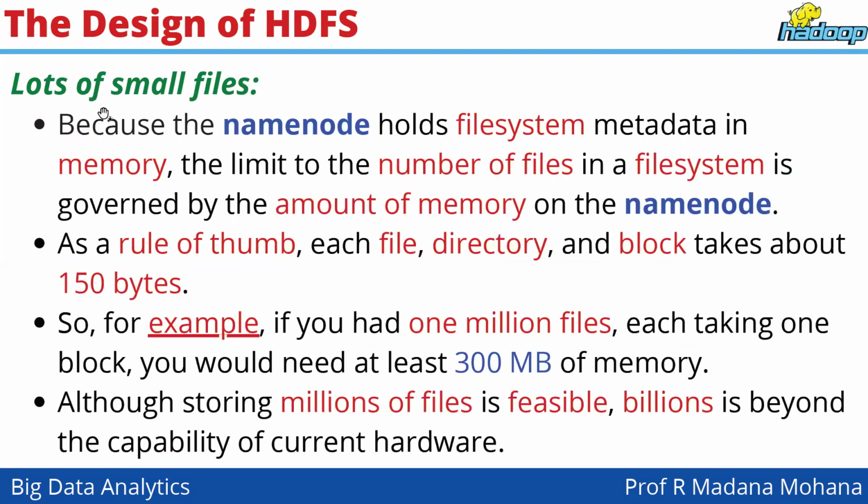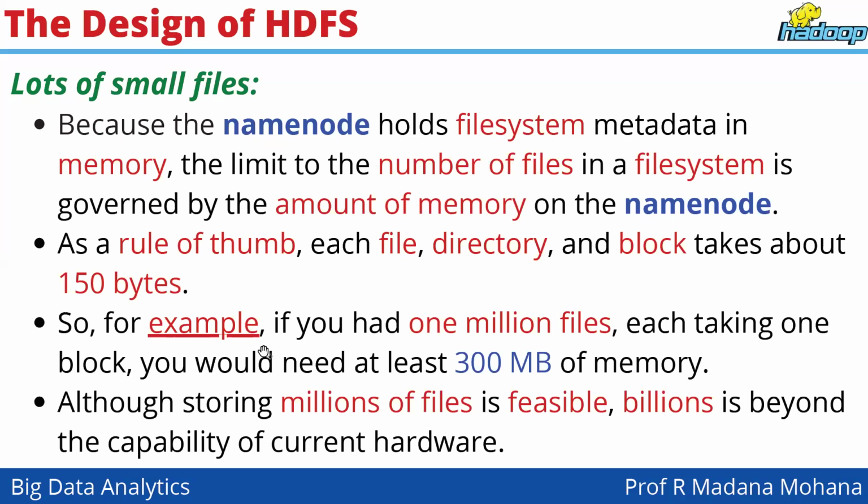Then lots of small files, because the name node holds file system metadata in memory. The limit to the number of files in a file system is governed by the amount of memory on the name node. As a rule of thumb, each file, directory, and block takes about 150 bytes.